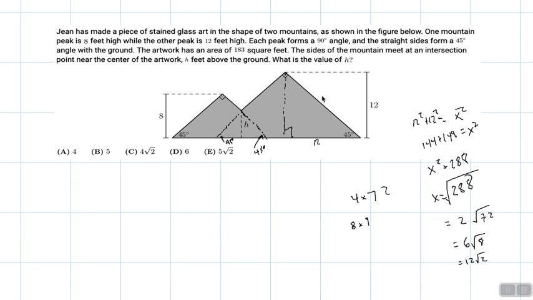So this is 12 root 2. Actually, I could have used, remember 45, 45, 90, this is just root 2 times this. So I didn't need to do this whole thing, but we got there.